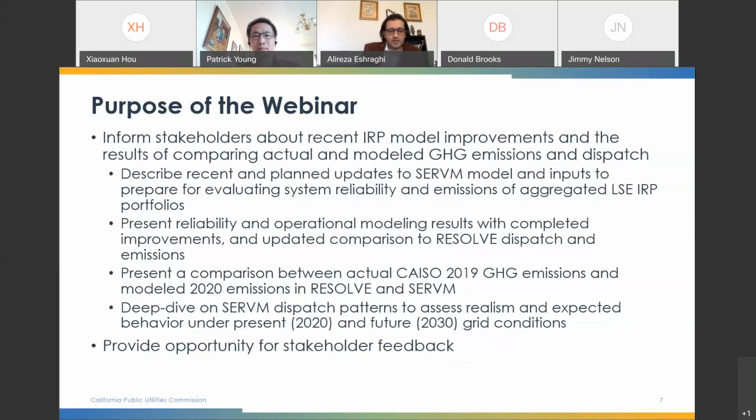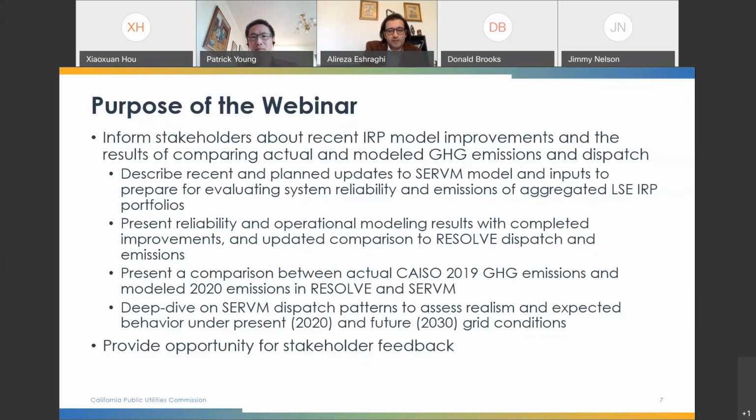In this webinar, Energy Division and E3 staff will inform the stakeholders about recent IRP model improvements and the results of comparing actual and model GHG emissions and dispatch, and invite feedback. This includes recent and planned updates to the SERVM model and inputs to prepare for evaluating system reliability and emissions of aggregated LSE IRP portfolios.